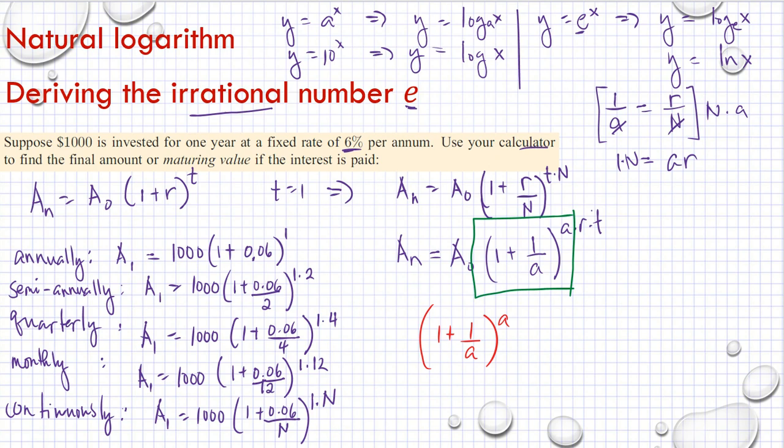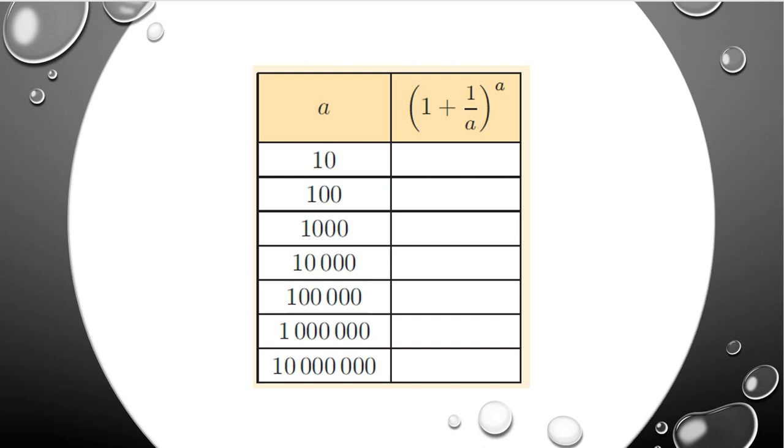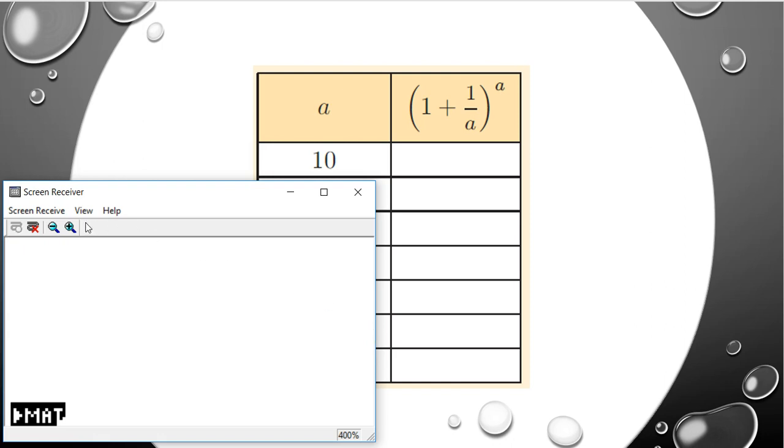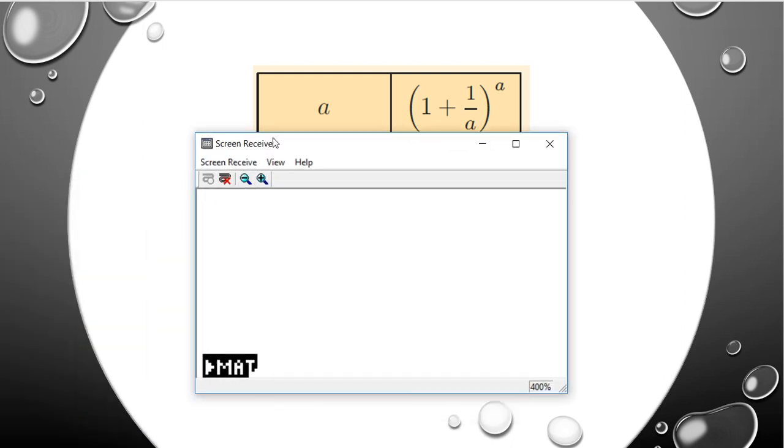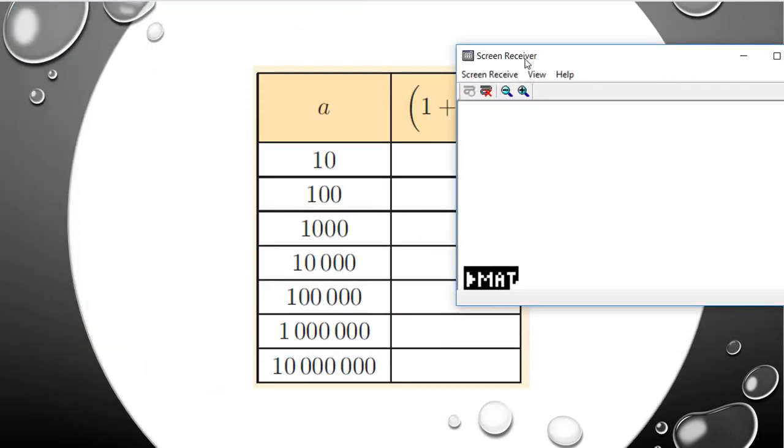I prepared here. We will start with 10 with our calculator. I hope I can wake up my calculator. Now my calculator is awake.